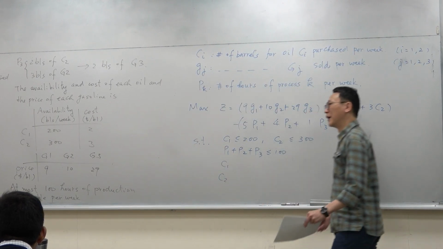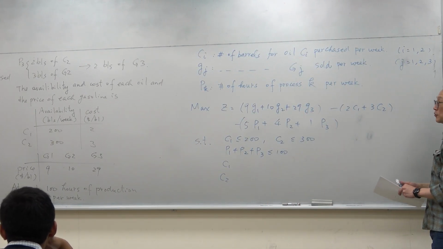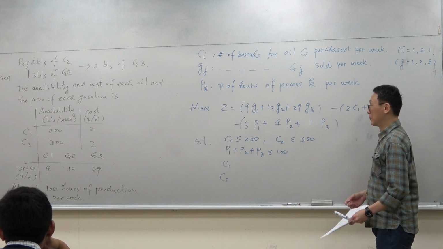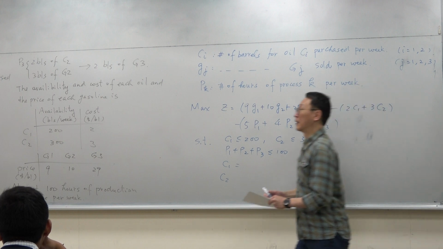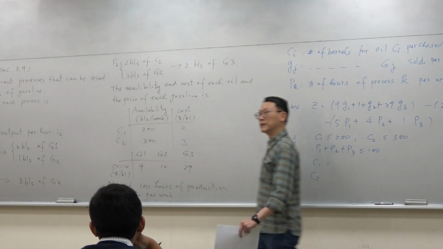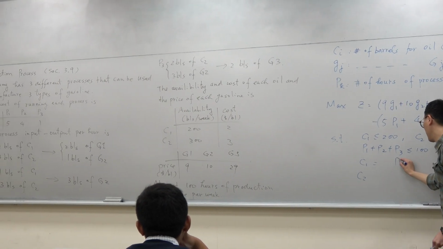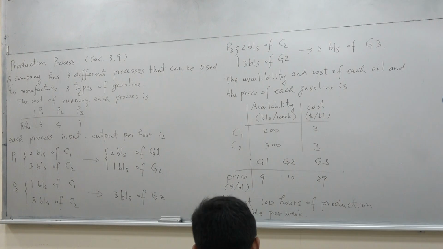So we need to know how many C1 we use. For example, process 1 will utilize C1, and also process 2 utilizes C1.